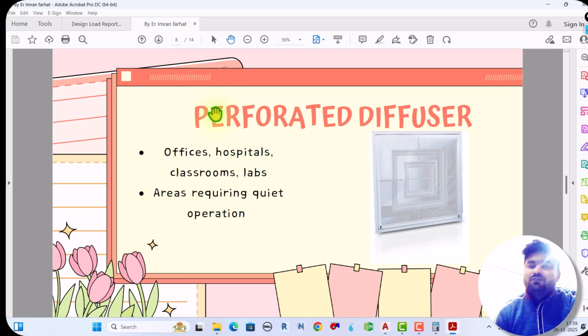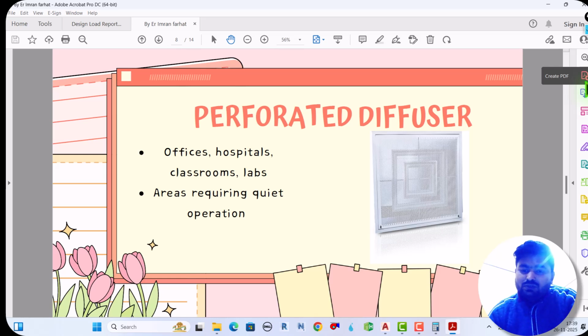The next is perforated diffuser. Okay, this type of diffuser we use in hospitals, generally in the operation room, because on the back side of this perforated diffuser we use one HEPA filter. Which filter do we use? HEPA filter.